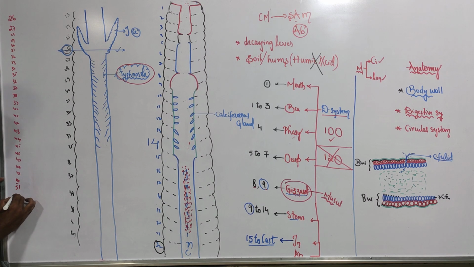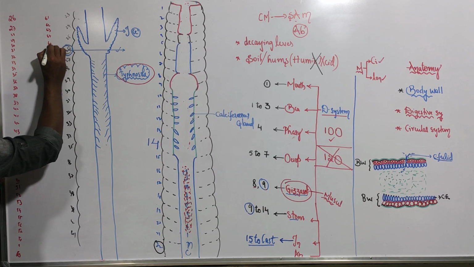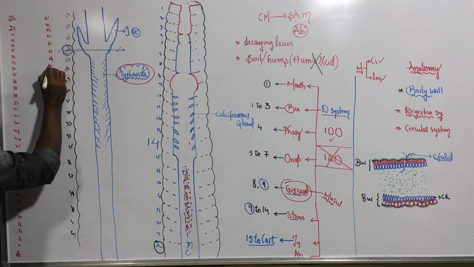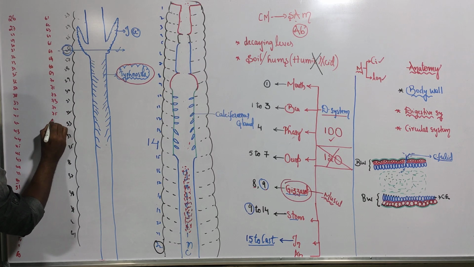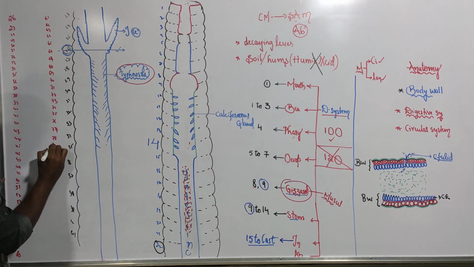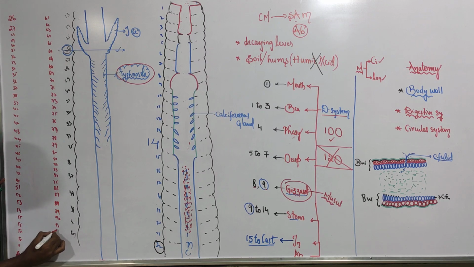Okay, fine. 50, 51, 52, 53, 54, 55, 56, 57, 58, 59, 60, followed by 61 up to 100.